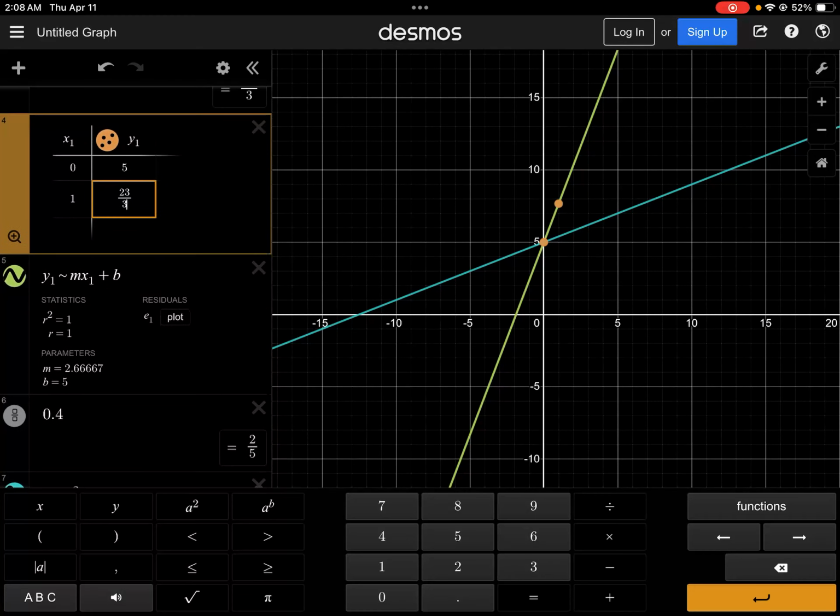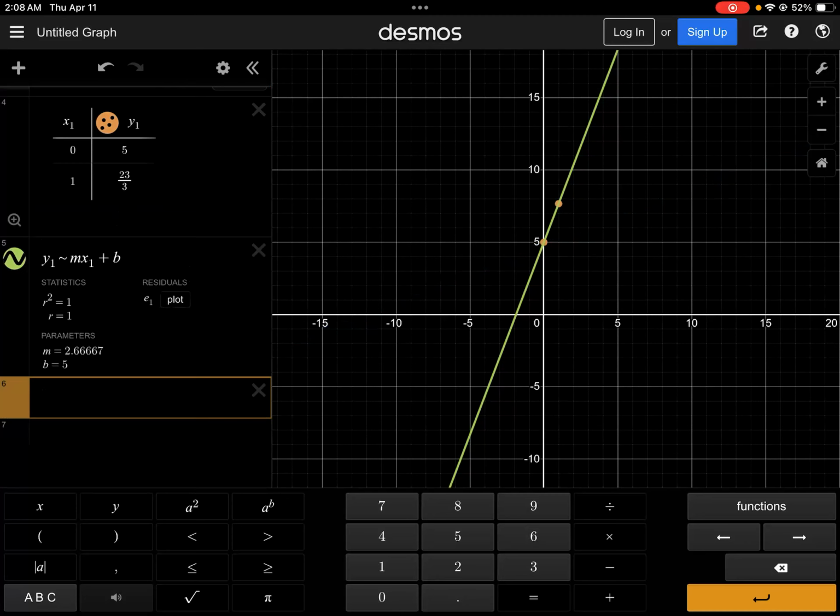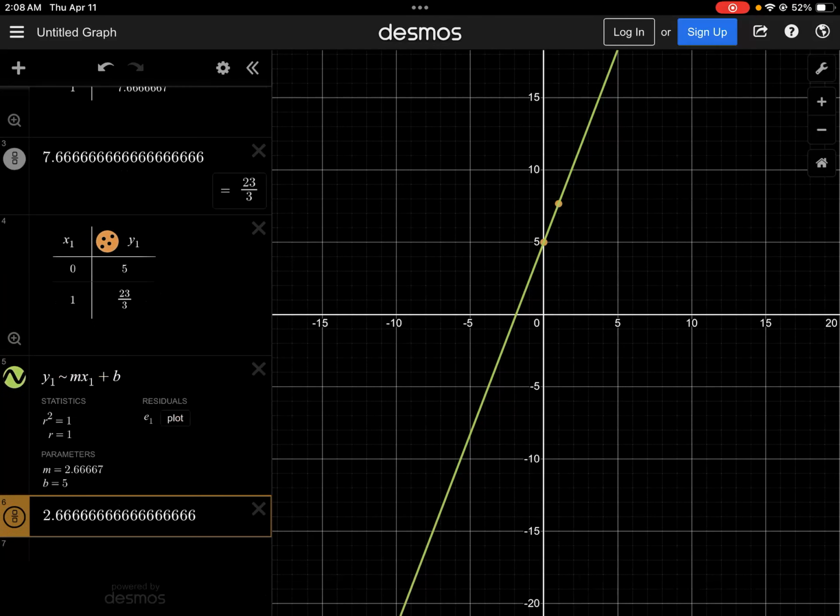I still have the y-intercept as 5, but now the slope is 2.6667, so that can be written 2.6666666666, and that is 8 over 3.